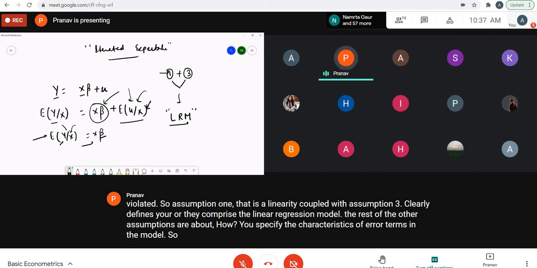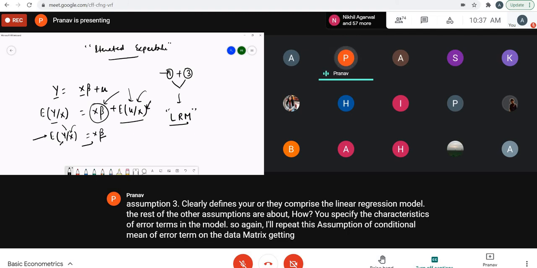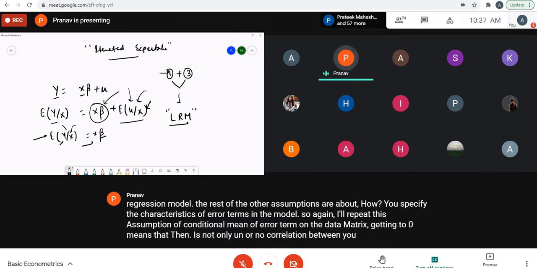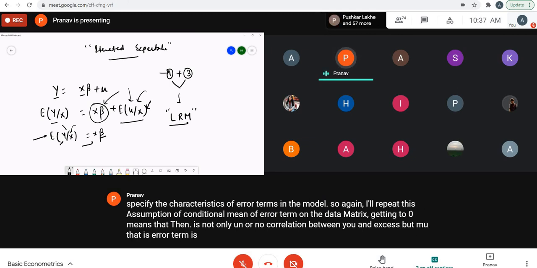So again, I'll repeat, this assumption of the conditional mean of the error term on the data matrix being 0 means that there is not only no correlation between u and x's, but the error term is uncorrelated with any functions of these explanatory variables.